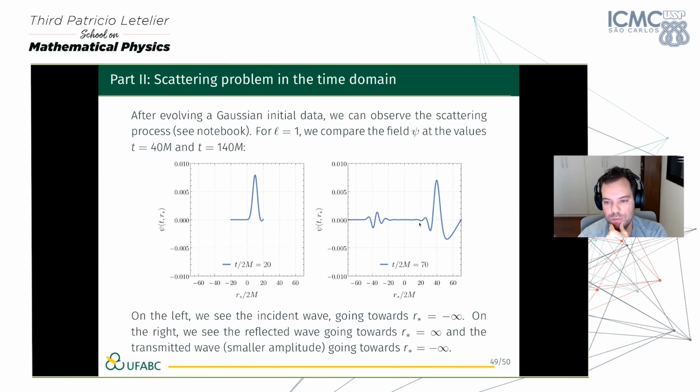If you integrate this waveform on this side, and then you integrate this part, and you use the flux of the Klein-Gordon field using the energy tensor, and then you do the same for this, and you compare these energy fluxes, then they should coincide with the reflection coefficient.